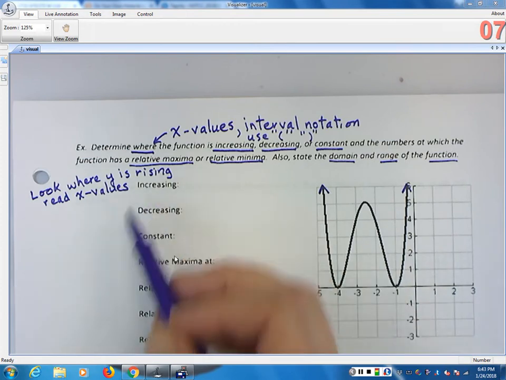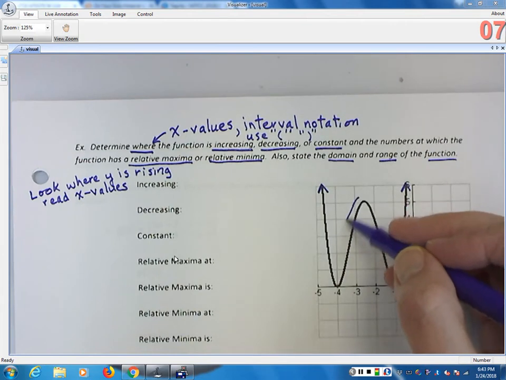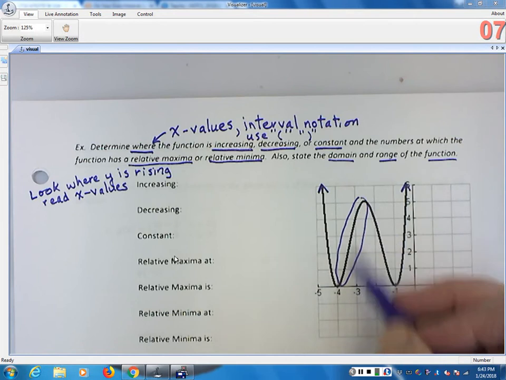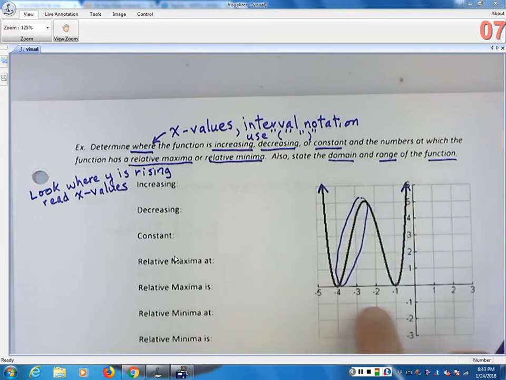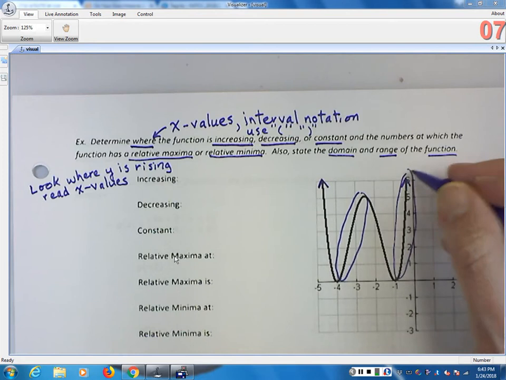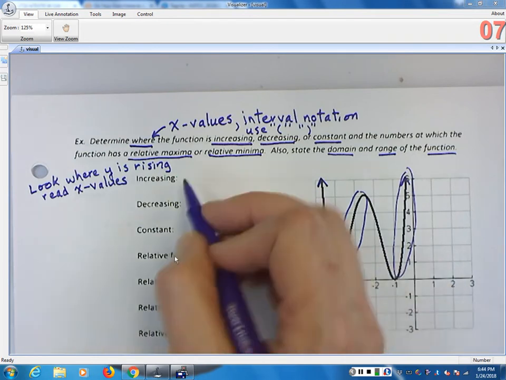So increasing. I'm going to start marking this up. This function is rising here. It's rising left to right. It's rising here. So for this interval, you look down and read the x value where this started rising, which was -4.